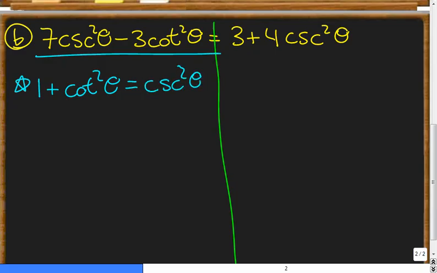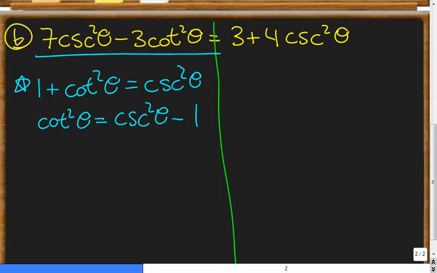Okay, so what I can do is, because I want to try to change everything to be in terms of cosecant, I need to solve for cotangent. So what I'm going to get here, based off of this, is that cotangent squared of theta equals cosecant squared of theta minus 1.